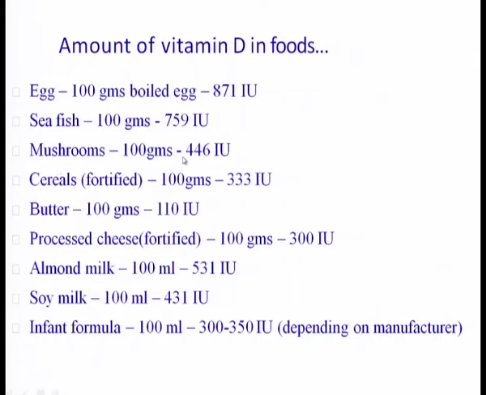With mushrooms, people who are on a vegan diet really have to take multiple sources to compensate for the vitamin loss. Generally, meat sources have more vitamin D, whereas when you come over here, you look at mushroom, the cereal, the butter and the processed foods.